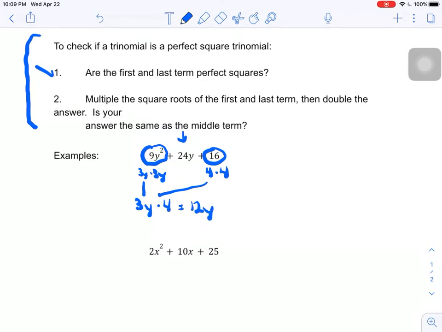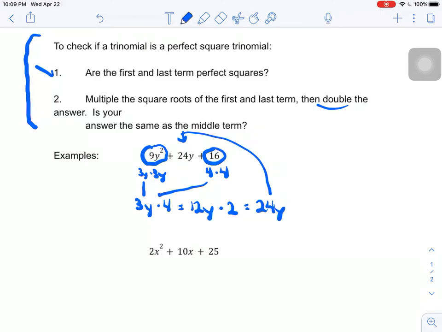So multiply the square roots of the first and last term, and then double that. 24y. Whoops, I forgot my 4. 24y. So is your answer the same as the middle term? In this case, yes, it is exactly the same as the middle term.